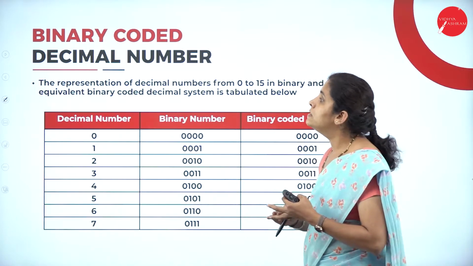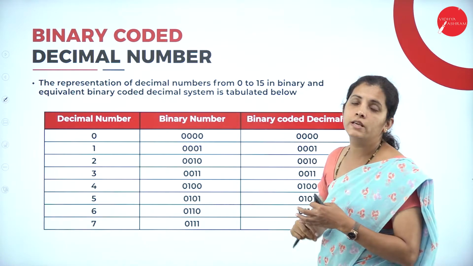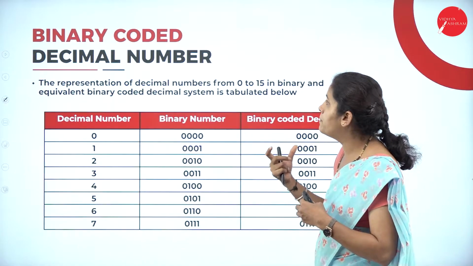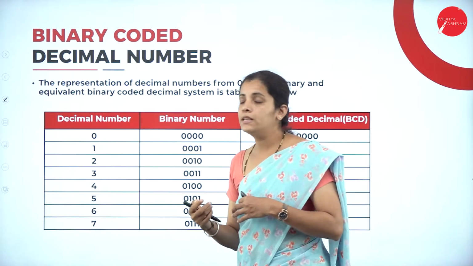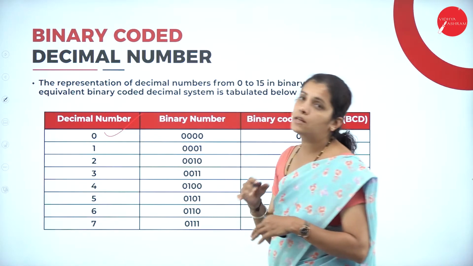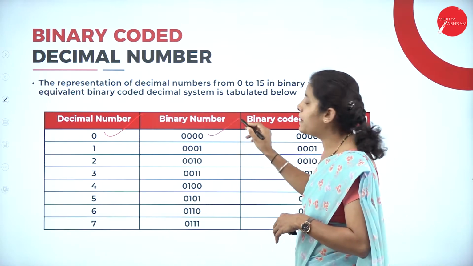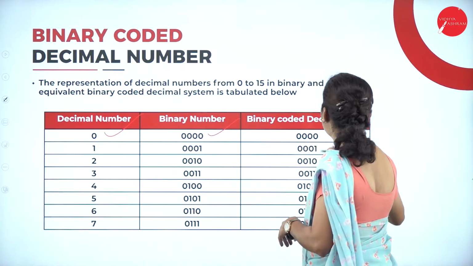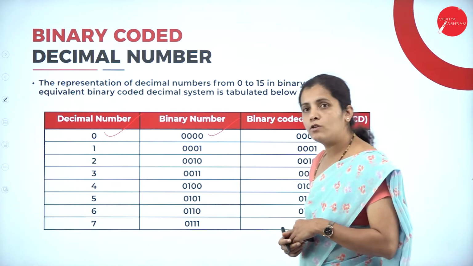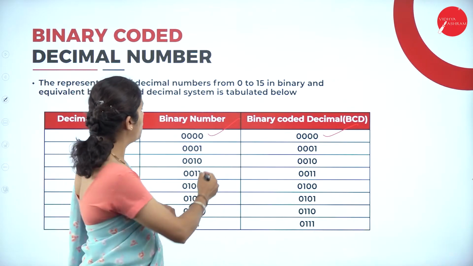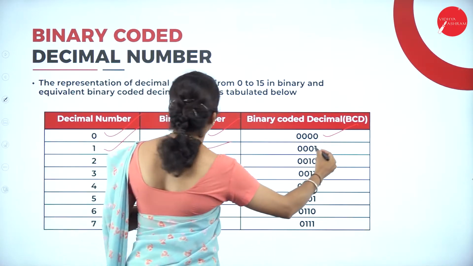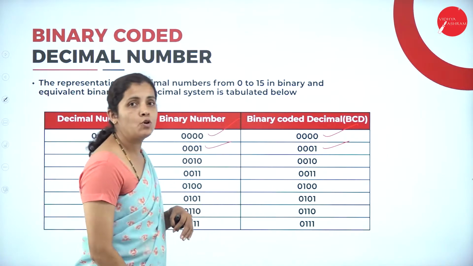Moving further, this table gives the complete information about binary coded decimal numbers. What is the decimal number here? 0. So what's the binary equivalent? Same as 0. Then what about the BCD number? It is also 0. Then 1. Once again BCD is 1, and the binary number is also 1.